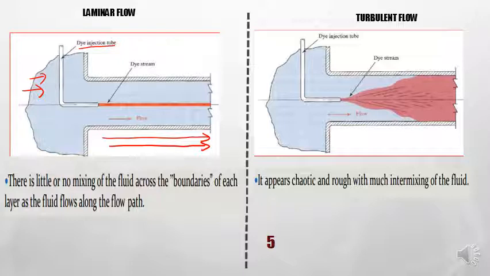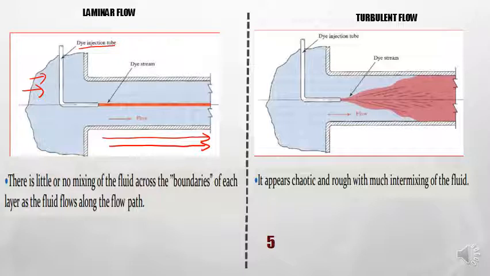The easiest way to understand it is to imagine that you sit near a beach which has lots of rocks on it. The turbulent flow is like when a huge wave comes near the beach and hits the rocks, so it appears as a chaotic kind of flow.